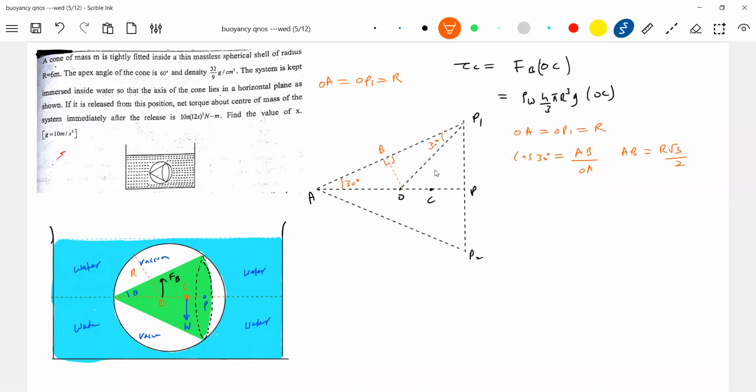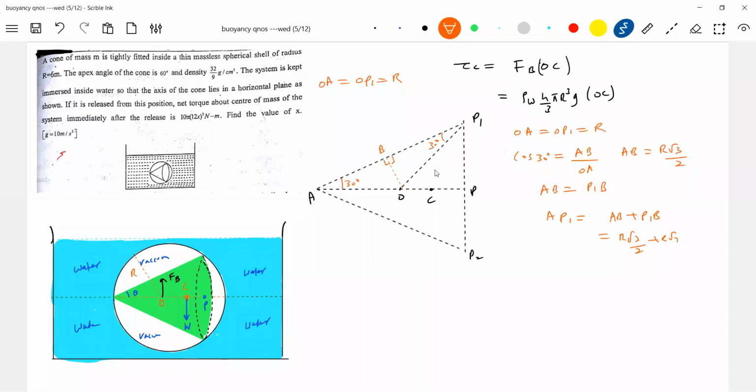And AB is equal to P1B. So therefore now we know the side AP1. AP1 should be equal to 2AB, which is R root 3 by 2 plus R root 3 by 2, equal to R root 3.